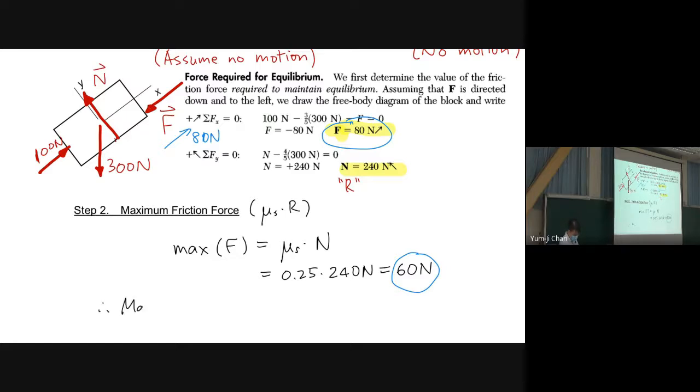So first of all, we write the maximum friction force is smaller than the friction force required for equilibrium.